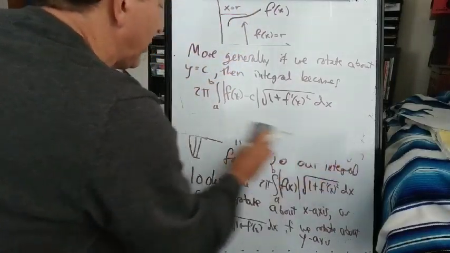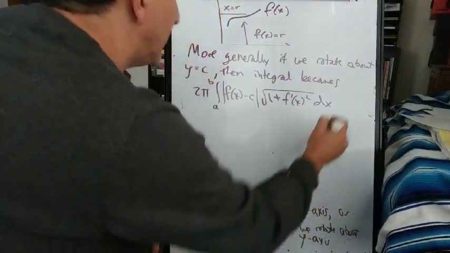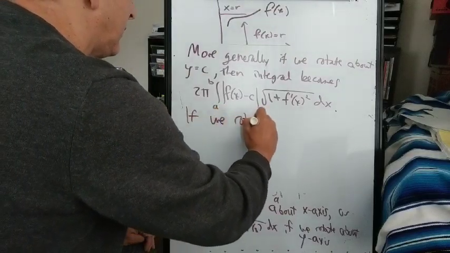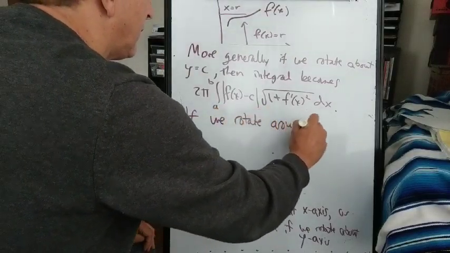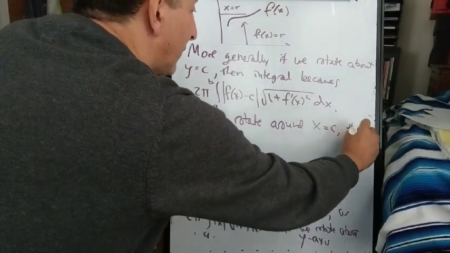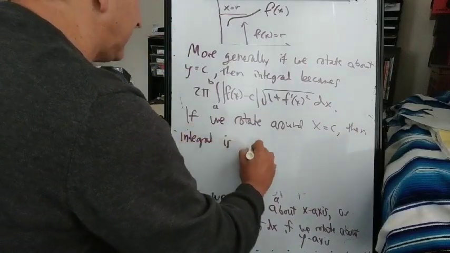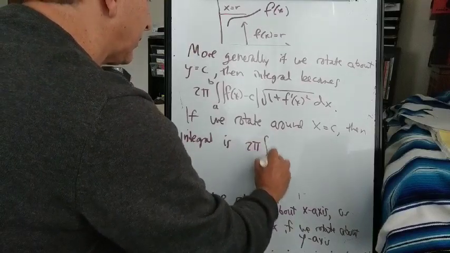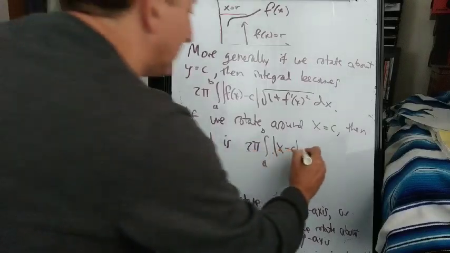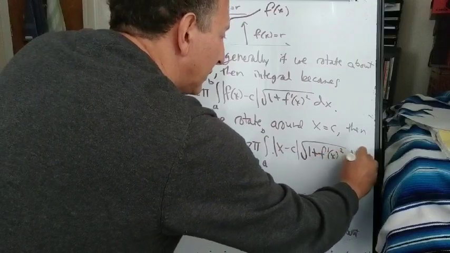And then if we rotate around the vertical line, say x equals c, then the integral is 2 pi integral from a to b, difference between x and c, and then the arc length part, square root of 1 plus derivative squared dx.